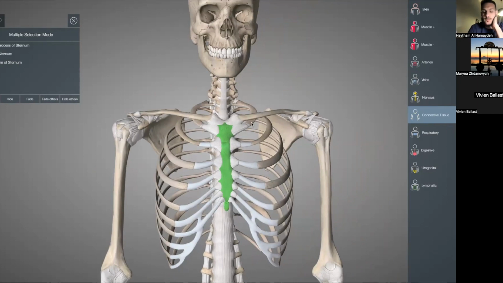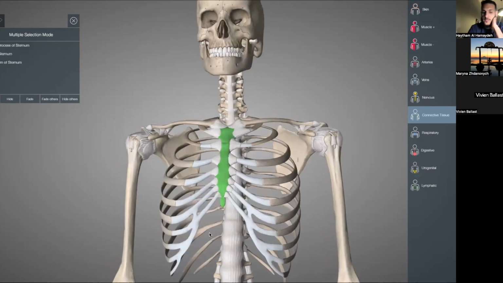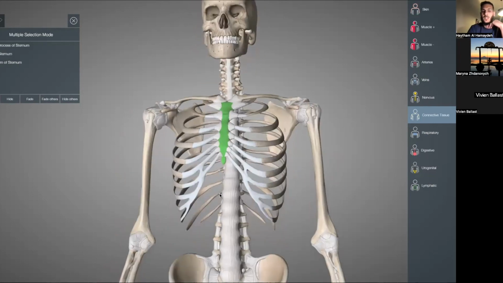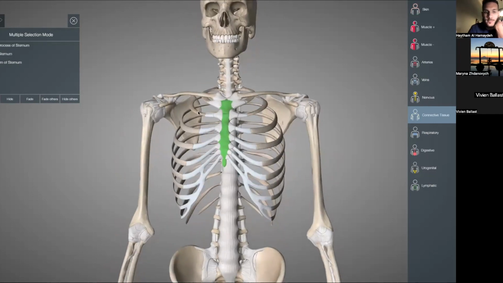They're divided into groups. We have true and false ribs. The true ribs are from number 1 to 7, and the false ribs are 8, 9, and 10. And we also have floating ribs, number 11 and 12. That means true ribs articulate directly with the sternum, and false ribs don't.